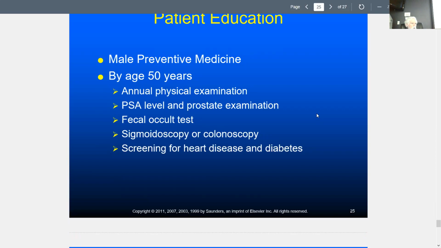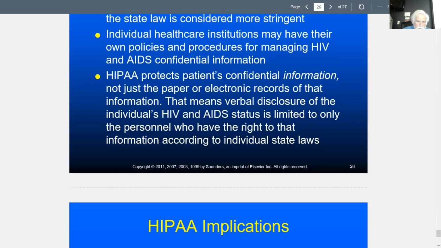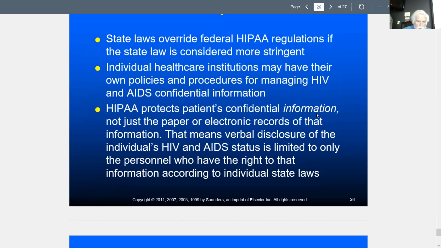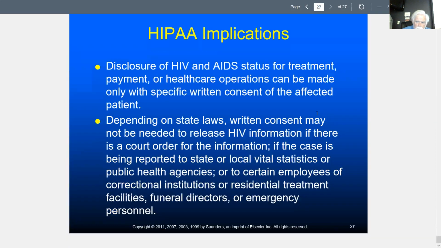Either a fecal occult blood test or a colonoscopy should be done. And of course, looking for other things. Watch out, be careful about HIPAA, obviously. You've all studied that quite a bit. So, okay, so that's what I wanted to say there.